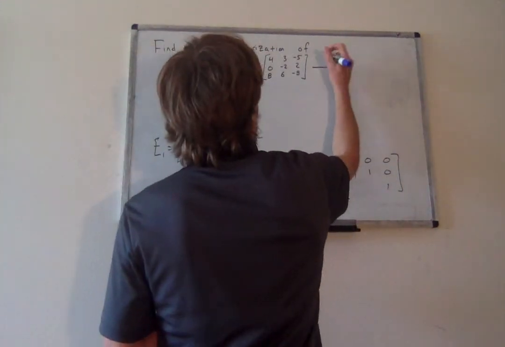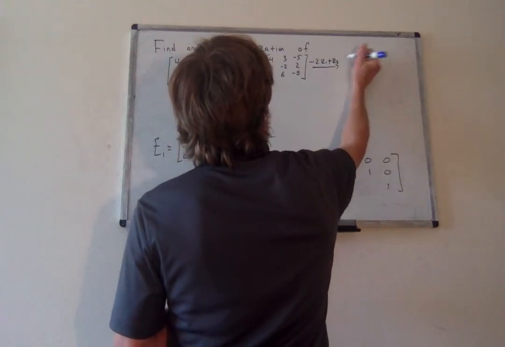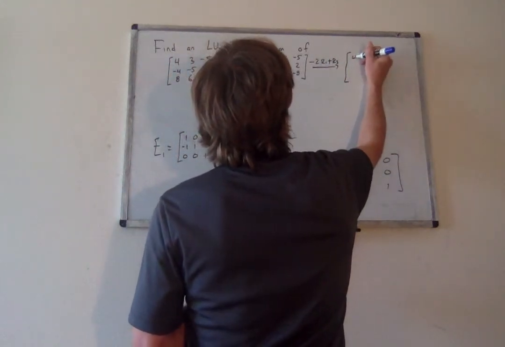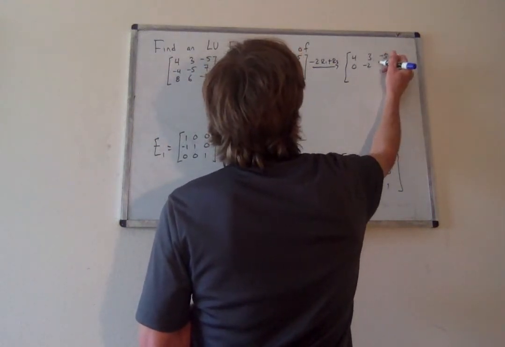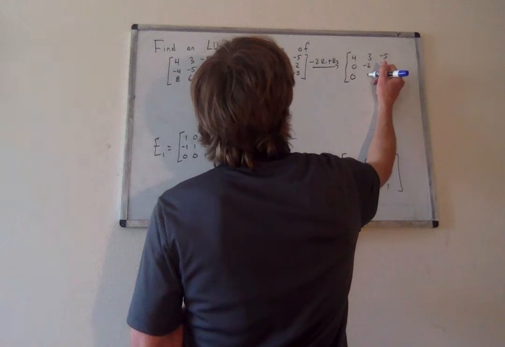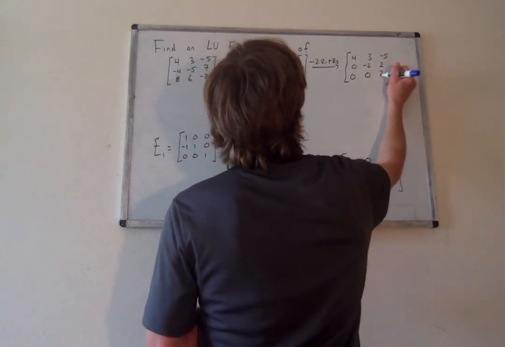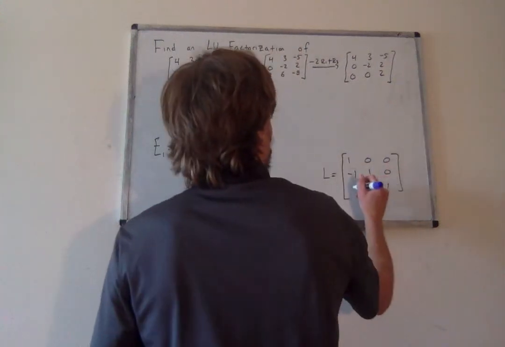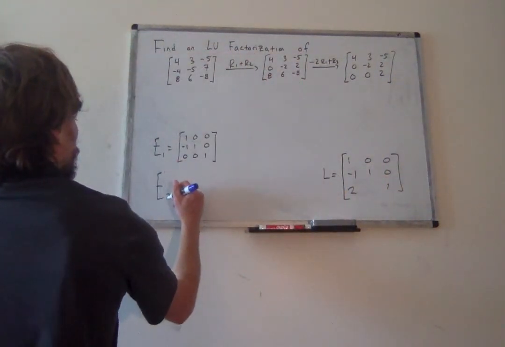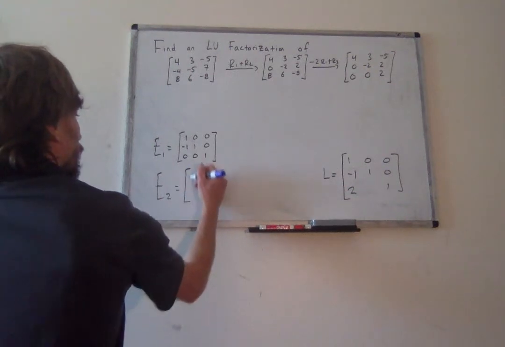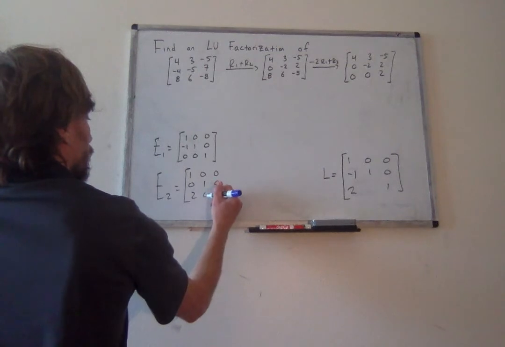Next, I'd have negative 2 row 1 plus row 3. So I'd fill in a 2 here because the opposite elementary matrix, again, would have me put a 2 right there.